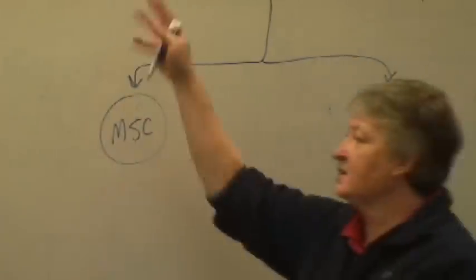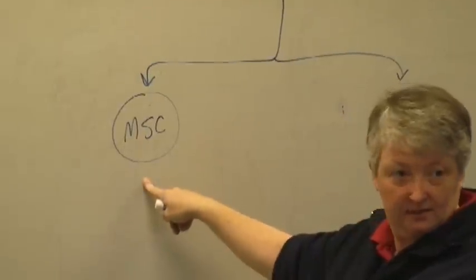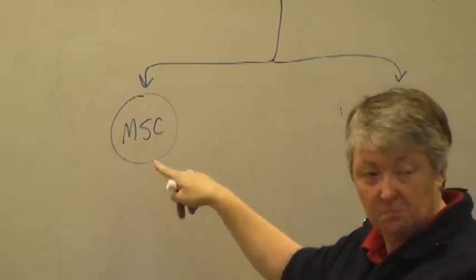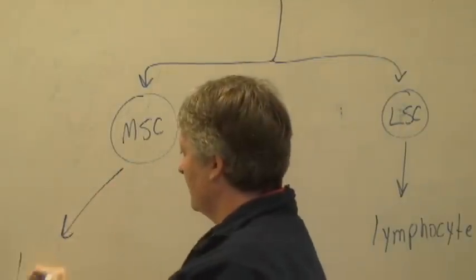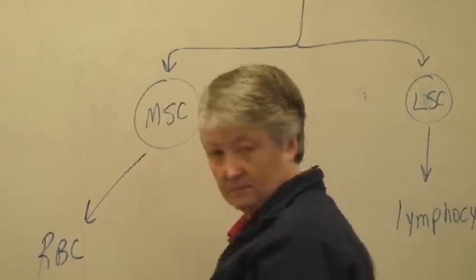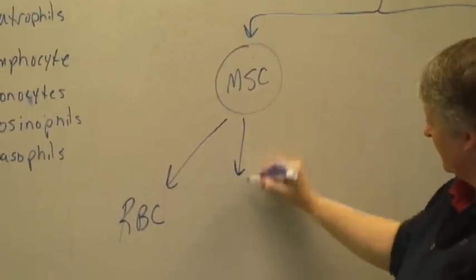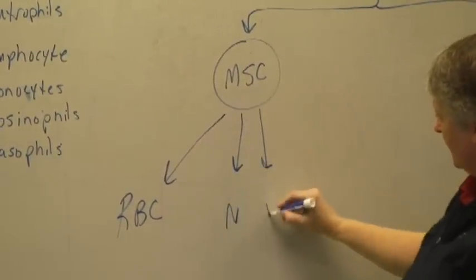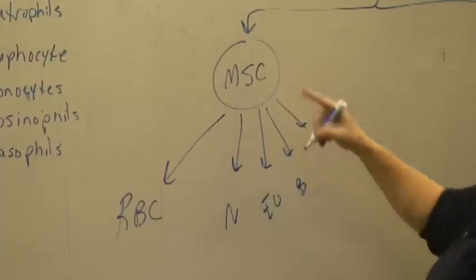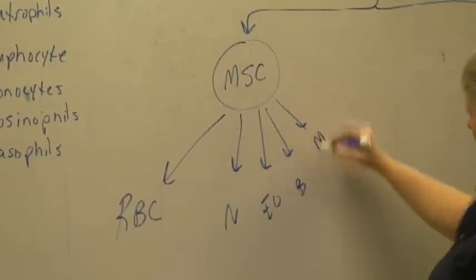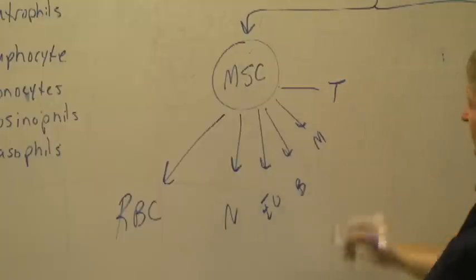Now that means the rest of these blood cells come from this guy. This myeloid stem cell can eventually become a red blood cell, a neutrophil, an eosinophil, a basophil, a monocyte, or even the cells that make platelets.